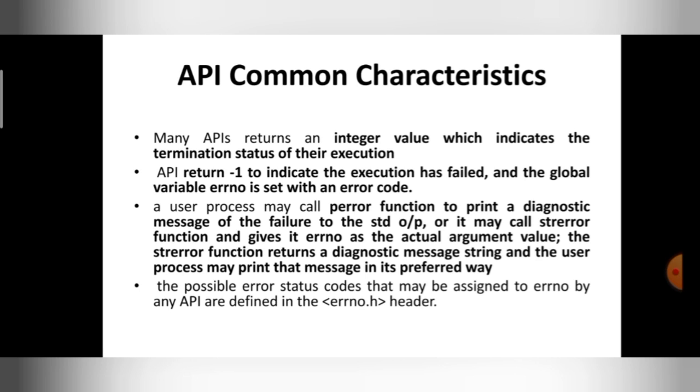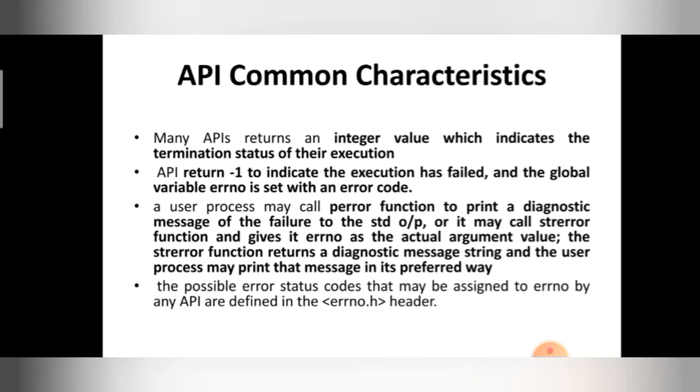Now we will see some error status codes that may be assigned to errno by any API, which are defined in the errno.h header. For each error there will be a status code, for every error there will be an error code.